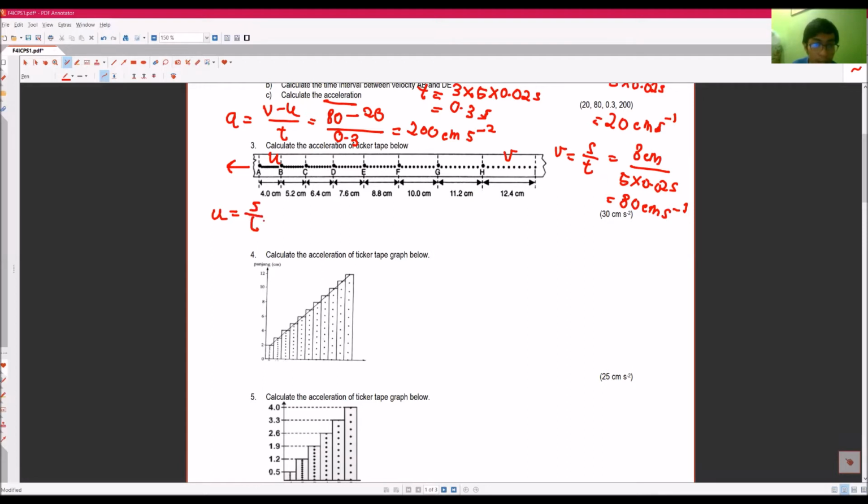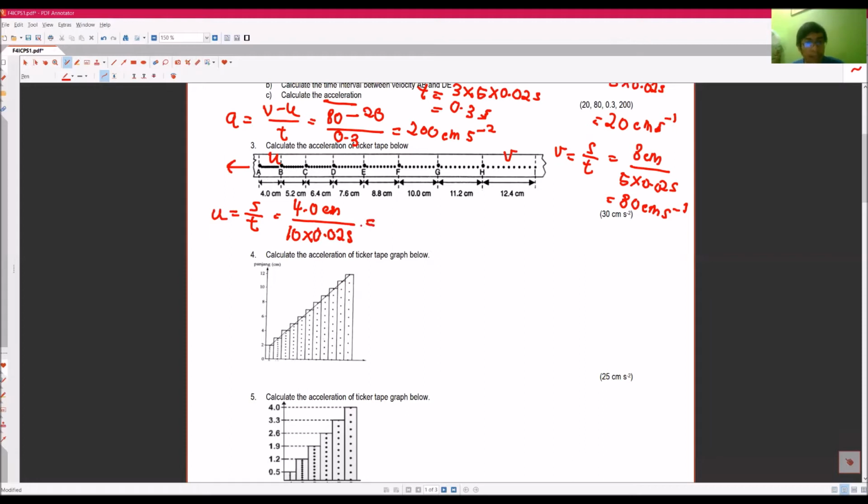So s over t, 4.0 cm, we have 10 dots, times 0.02 second.